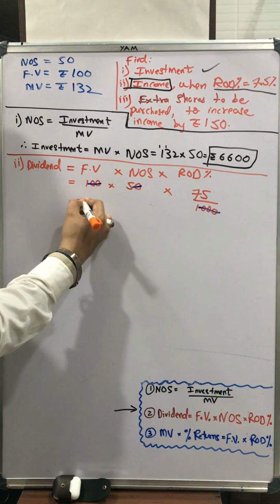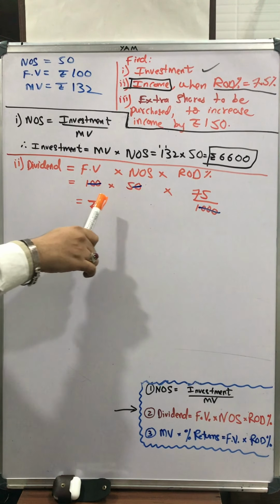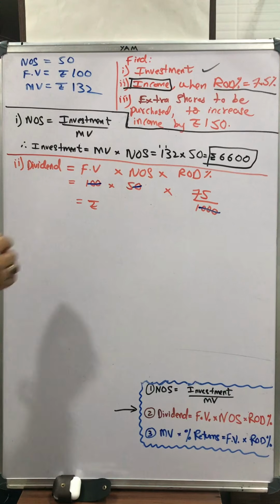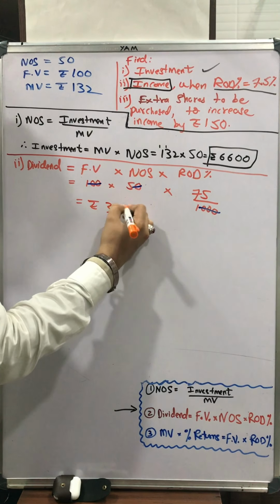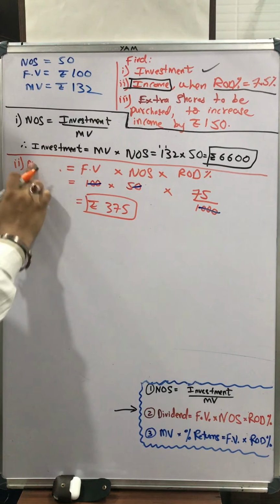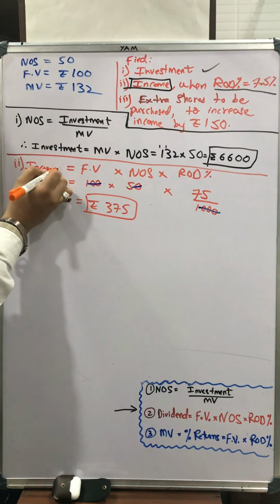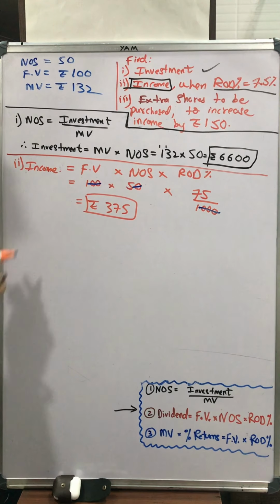So we are left with the dividend: rupees 5 multiplied by 75, and it's nothing but rupees 375. So we got the answer. Our dividend, or income, I'll use the word income here, is rupees 375. Okay, great.